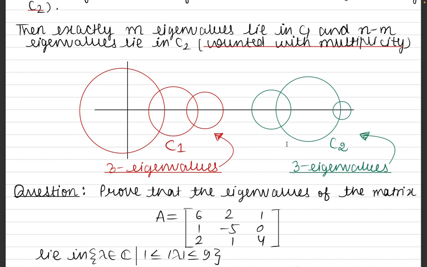So this theorem says you will have 3 eigenvalues in this union and 3 eigenvalues here.